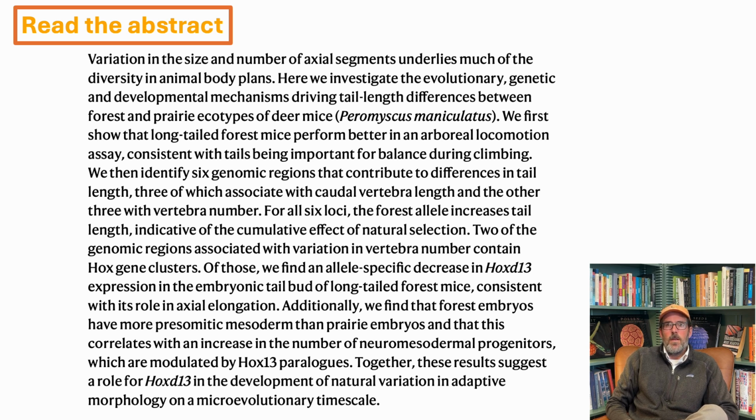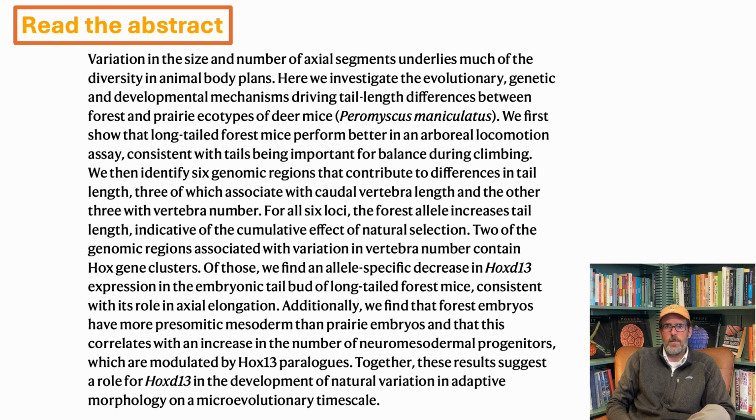Variation in the size and number of axial segments underlies much of the diversity in animal body plans. Here we investigate the evolutionary, genetic, and developmental mechanisms driving tail length differences between forest and prairie ecotypes of deer mice. We first show that long-tailed forest mice perform better in an arboreal locomotion assay, consistent with tails being important for balancing during climbing.